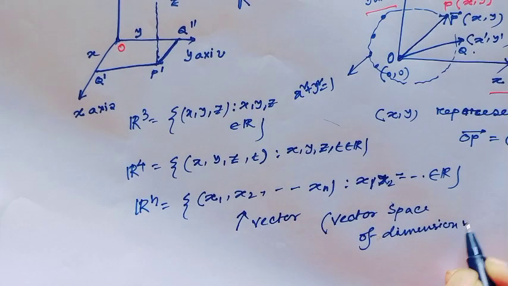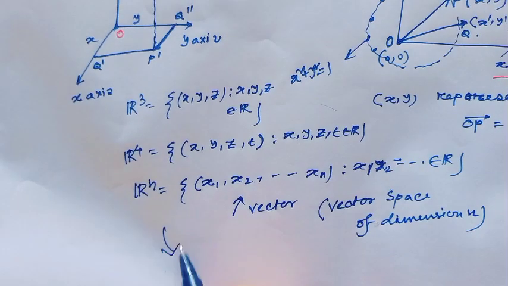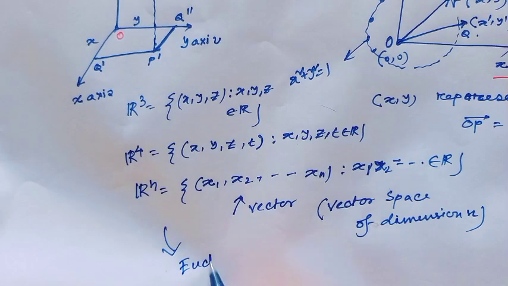This is actually the geometry of how the point, the vector, looks. And as a metric space, Rn is called the Euclidean metric space.